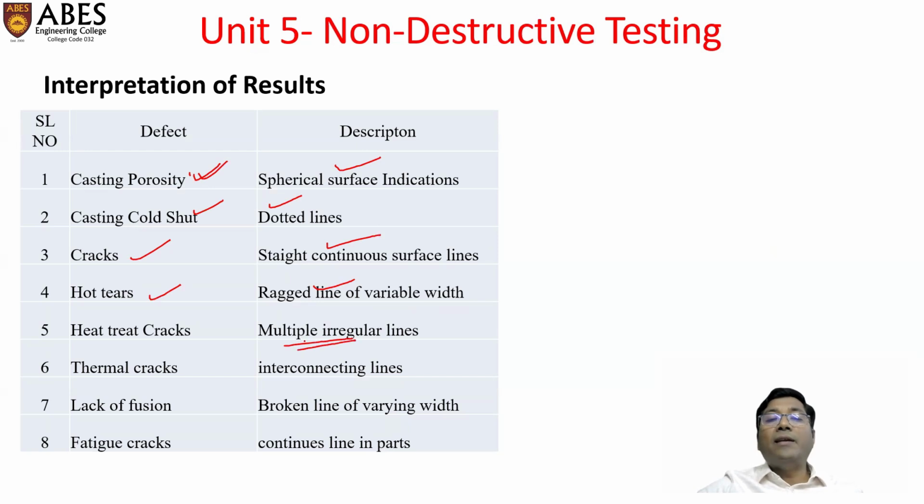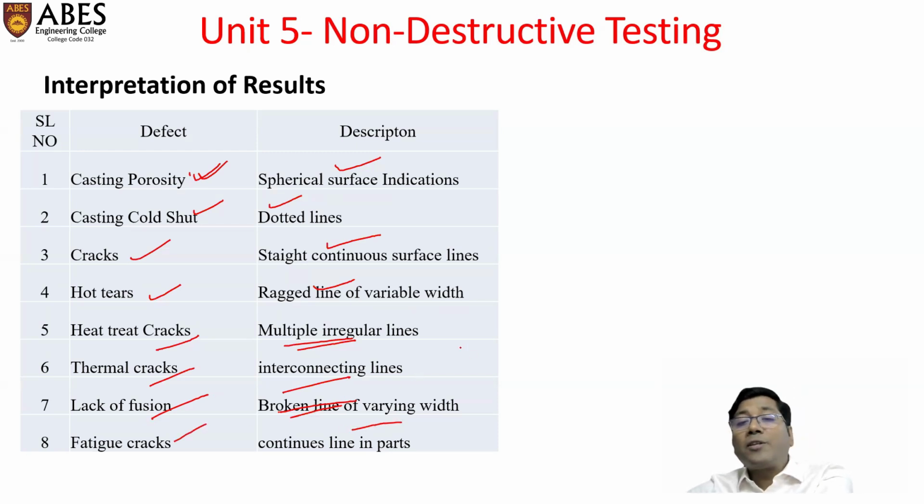Multiple irregular lines show hot tear cracks. Interconnecting lines show thermal cracks. If lack of fusion is there, then a broken line of varying width will be obtained. And for fatigue cracks, a continuous line in parts can be obtained. In this way, the interpretation of results can be done, and it can be indicated what the defect in the surface is.